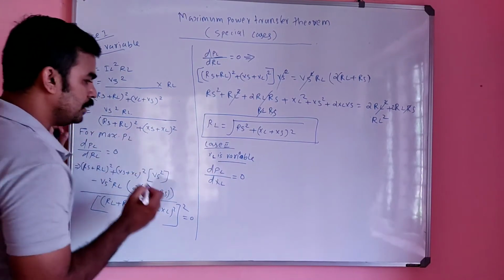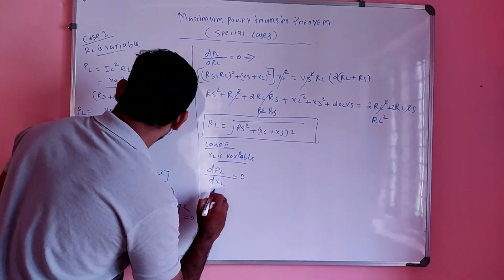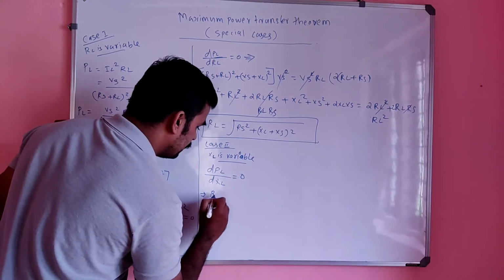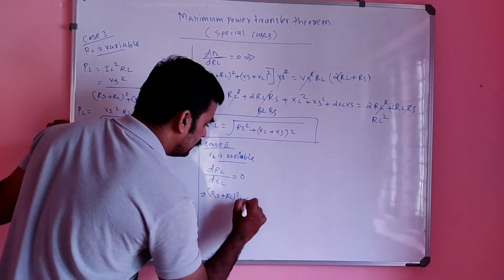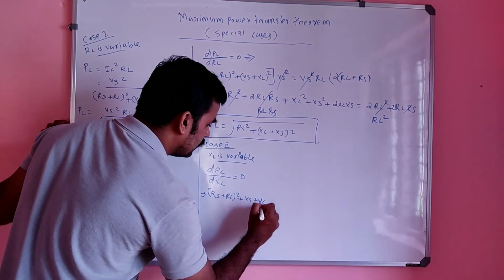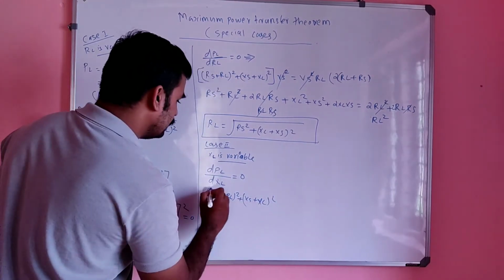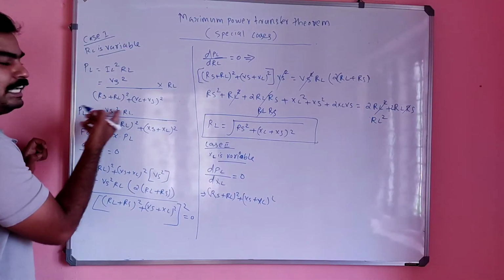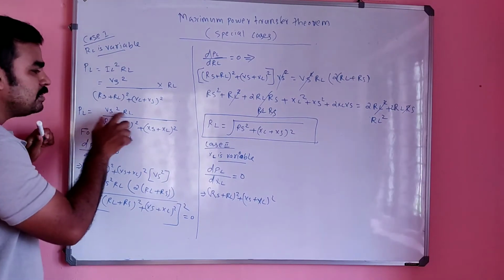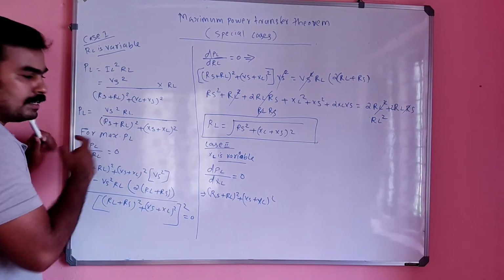Denominator into d by dXL of numerator is, there is nothing in the numerator, no? There is no term in XL in the numerator, so it will be 0.